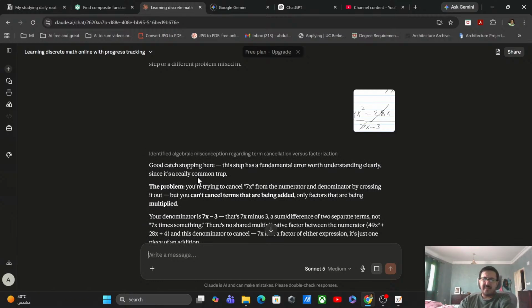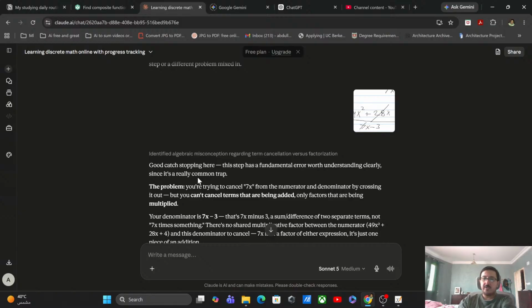Good catch stopping here. This step has a fundamental trap worth understanding clearly, since it is a really common one. The problem is you're trying to cancel from the numerator and denominator, but you can't cancel terms that are being added, only factors that are being multiplied. There is 7x minus 3, a difference of two separate terms, not 7x times something.